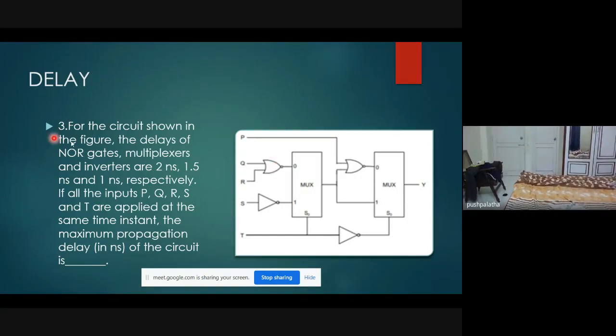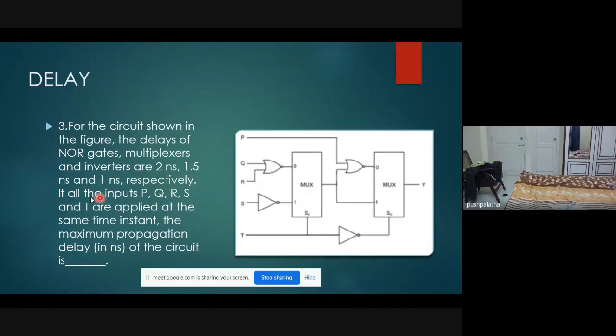Now for the circuit shown in the figure, the delays of NOR gates, multiplexers and inverters are given: the delay of NOR gate is 2 nanosecond, the delay of multiplexer is 1.5 nanosecond, and the delay of inverter is 1 nanosecond respectively.